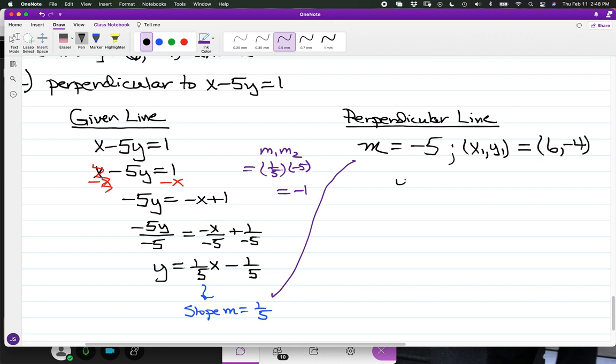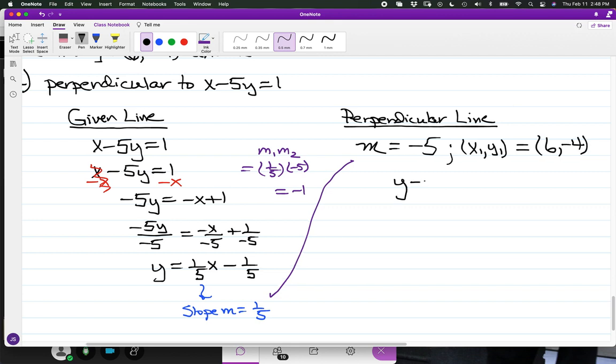And we have the point slope equation set up. So we have y minus y1, so we're going to have y minus negative 4, equal to the slope m, which we have at negative 5, times the quantity of x minus 6.